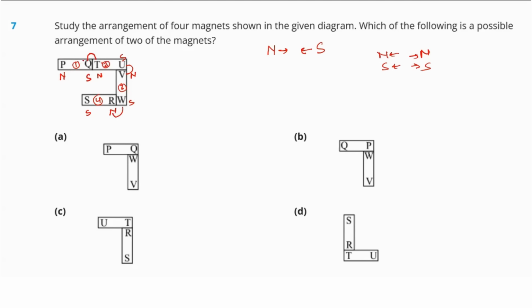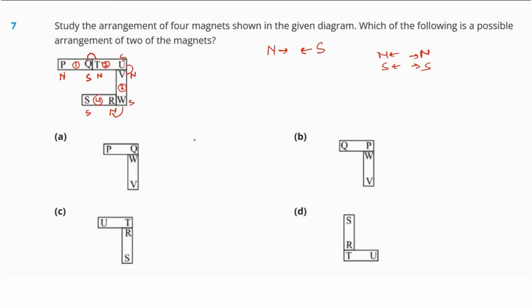I can do it vice versa. I can write it as south pole, north. It doesn't matter. We need to see which one would be the possible arrangement. Now P is north and Q is south. According to that, what is the next possible arrangement?